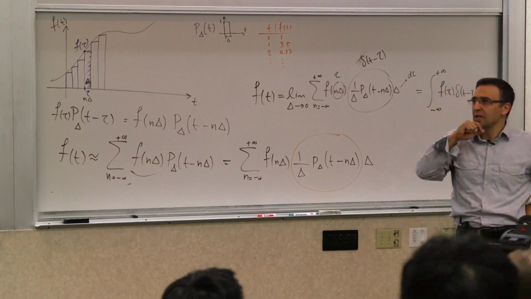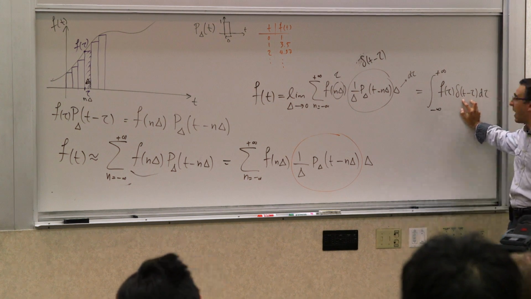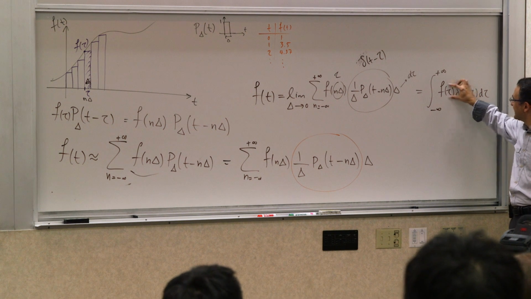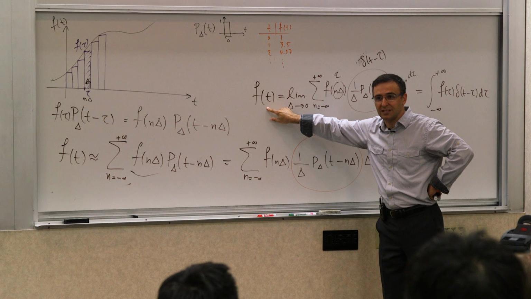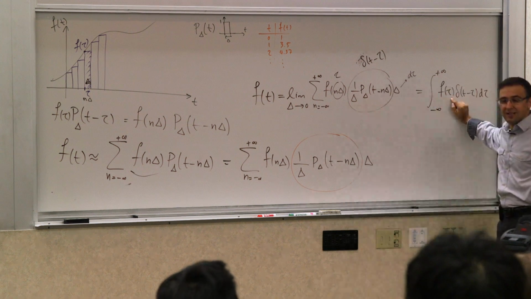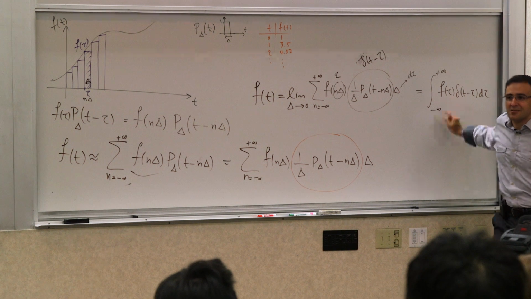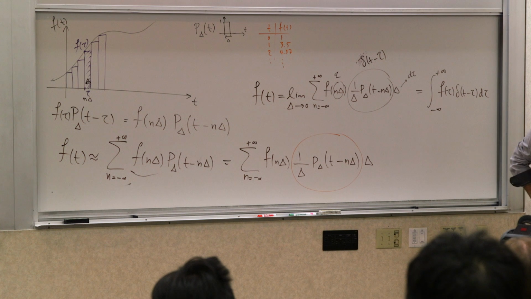So what you're saying is that since the delta of t minus tau is non-zero only when t equals tau, this basically takes the value of the function at t equals tau and takes it out. And that's why f of t is that. That's exactly correct. And that's why it's called the sifting property. You sift it out. You just take that value out. Exactly right.